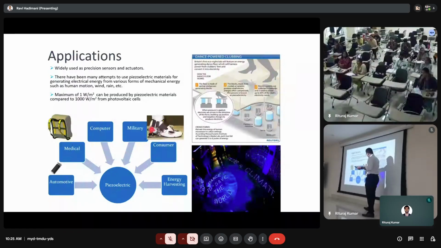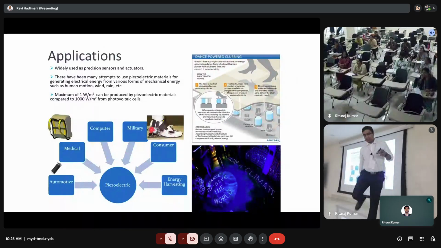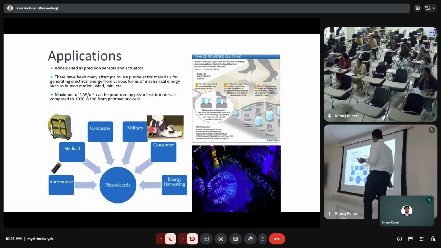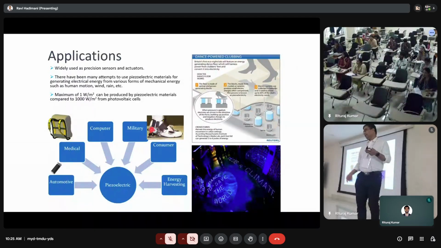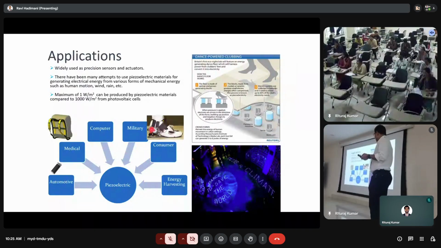There are also consumer products where you can have it in your shoe and get lights on the shoe, or you can use supercapacitors to even charge a small electric component, okay?